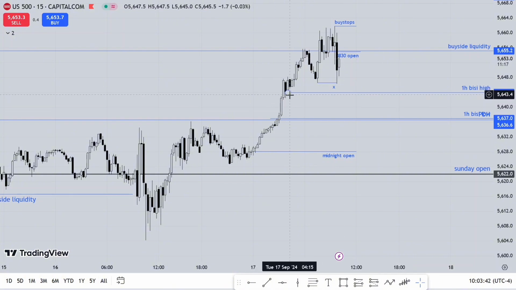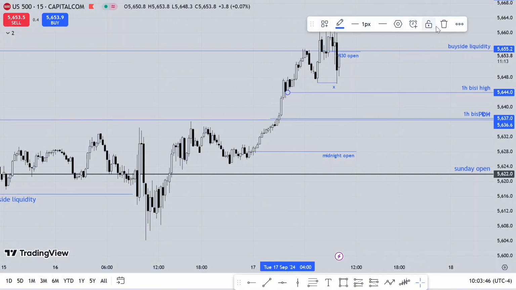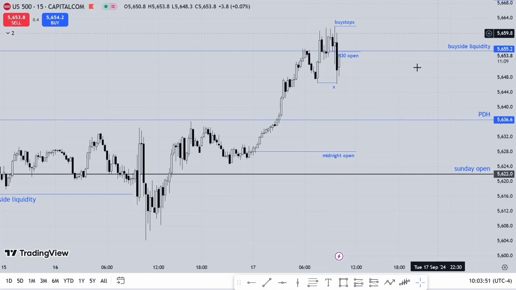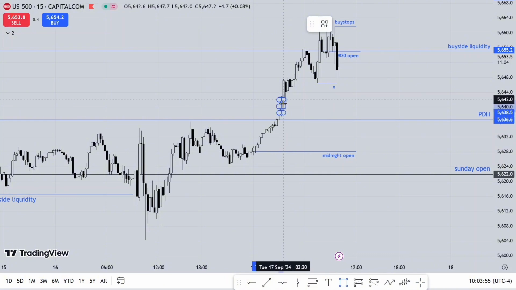So you see this 1 hour imbalance. Let's streamline it to 15 minutes. Let's take this 1 hour off because the imbalance found on the 1 hour is more precise here on the 15 minutes.